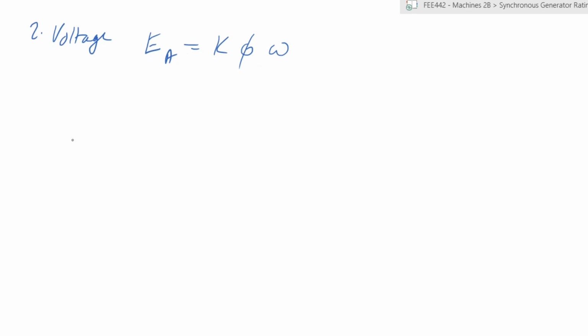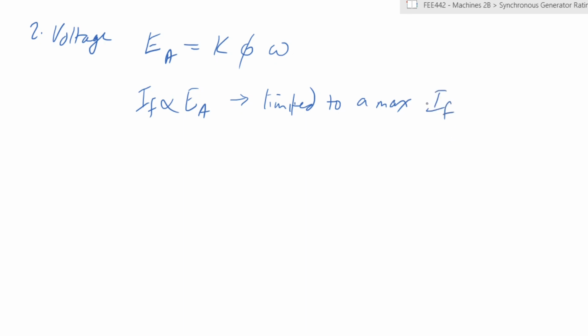Now, the voltage itself is generated in relation to IF, which is the field current. This is what we had already talked about in previous lectures, that the voltage is controlled by the field current that is supplied to the generator. And the field current itself, of course, has a limit. It is limited to the current that the conductors can carry, so a maximum IF.